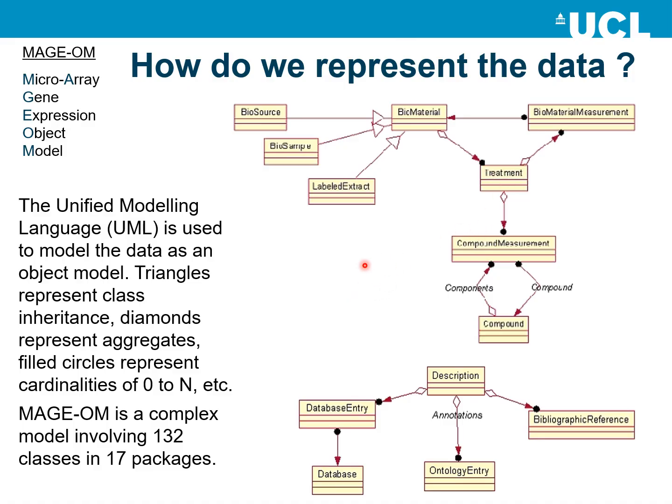So this is just 2 diagrams, but the MAGE-OM model is incredibly complex. It involves 132 classes in 17 packages. So it's just a vast UML static class diagram.